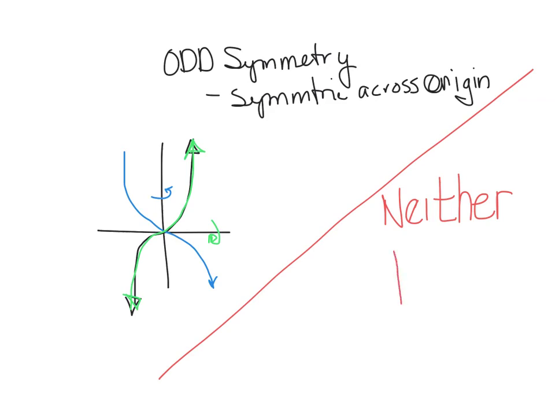So just to give you an example of something that's not so special, let's do this. Maybe I have the disco shape, that odd degree, but because he's not symmetric across the origin, and certainly not across y either, he is neither symmetry. So that would be an example of neither symmetry.